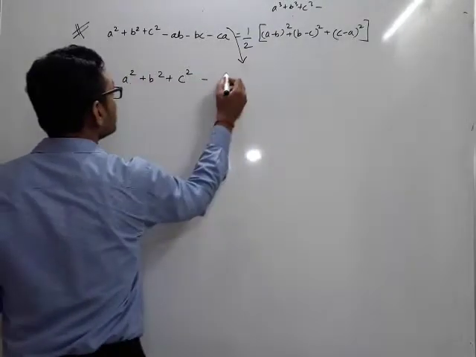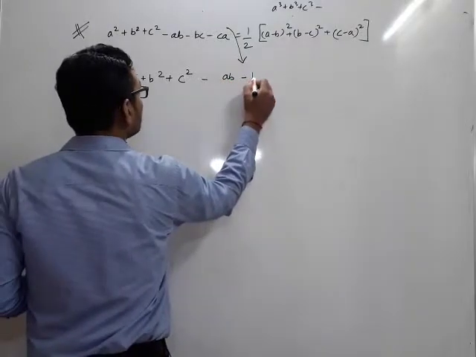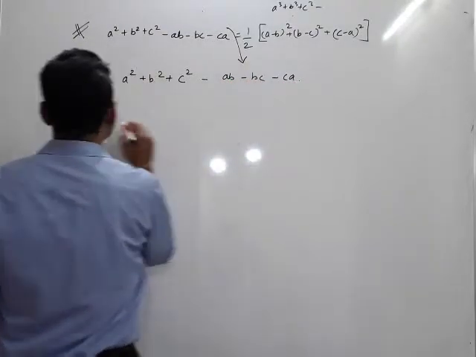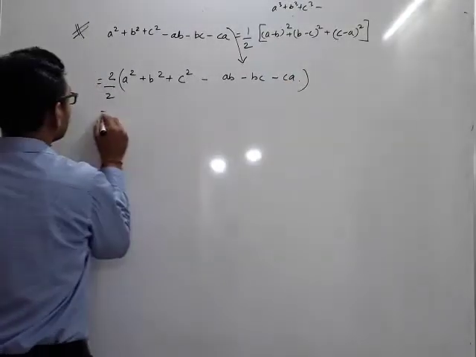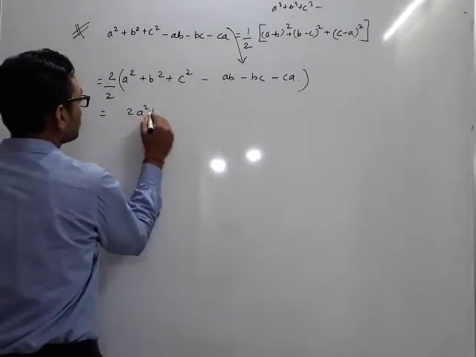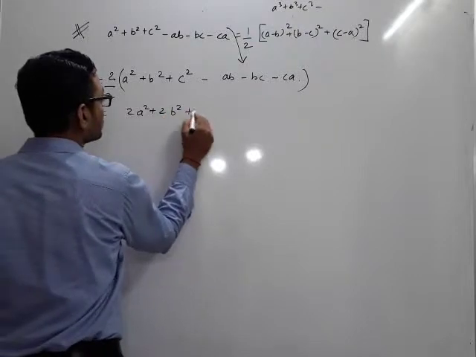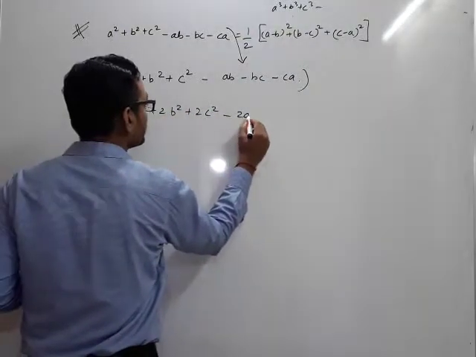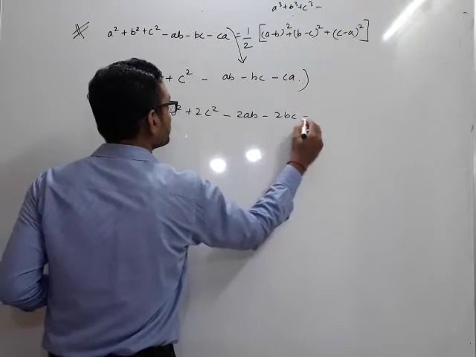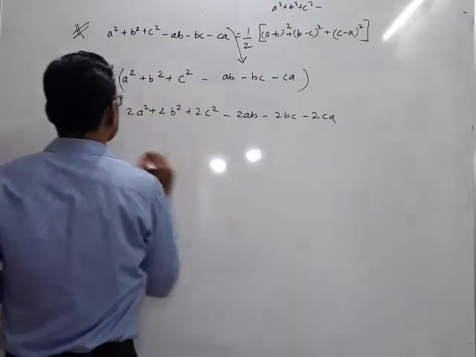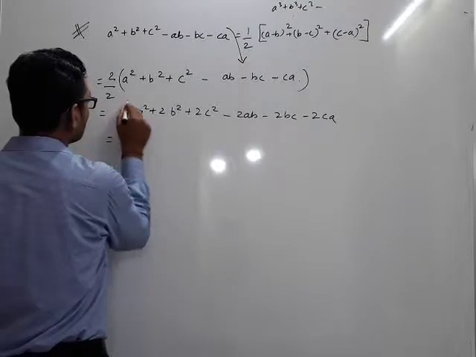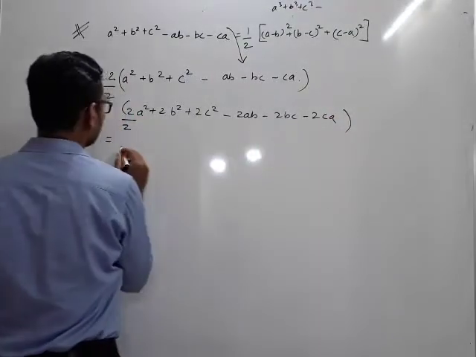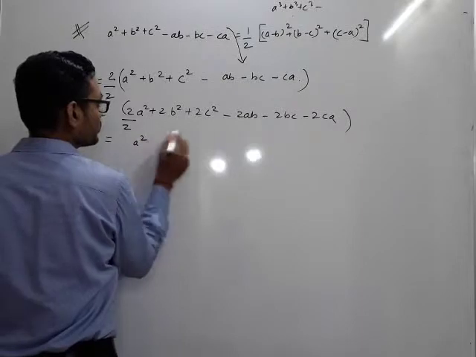If we multiply and divide the entire term by 2, it becomes twice a square plus twice b square plus twice c square minus 2ab minus 2bc minus 2ca, all upon 2.